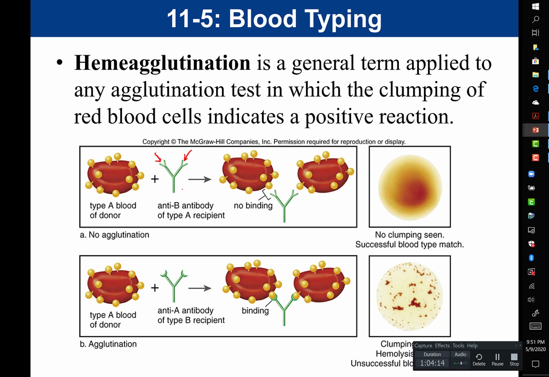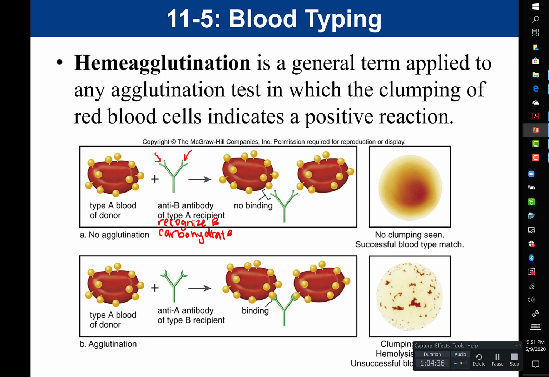And anti-B antibodies recognize B carbohydrates, meaning that this anti-B antibody only binds to the B carbohydrate.